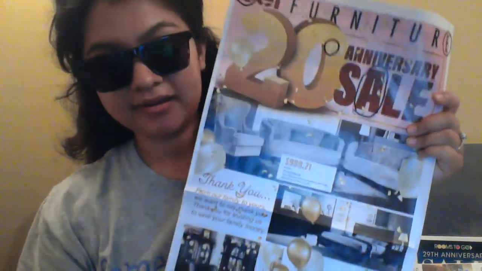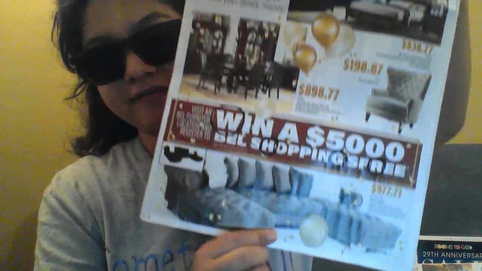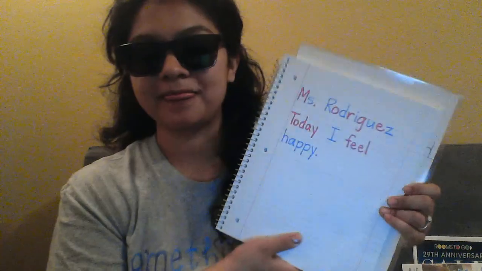Okay, I'm back. I have taken some time. I had to switch over to a black marker because my pink marker was not writing very well. I went through my advertisement and I circled a few letters. And now, to finish my activity, I'm going to take out my journal.